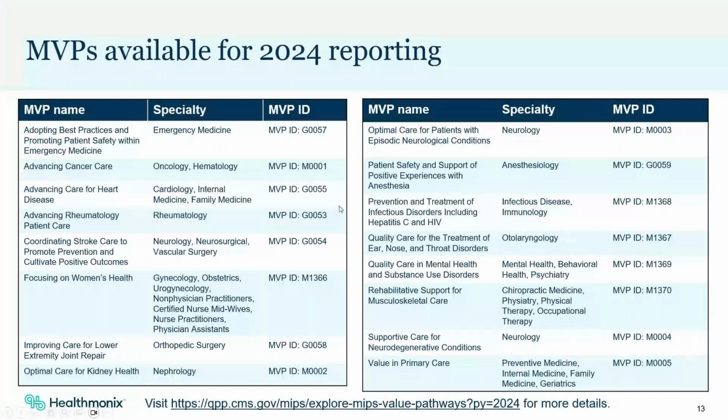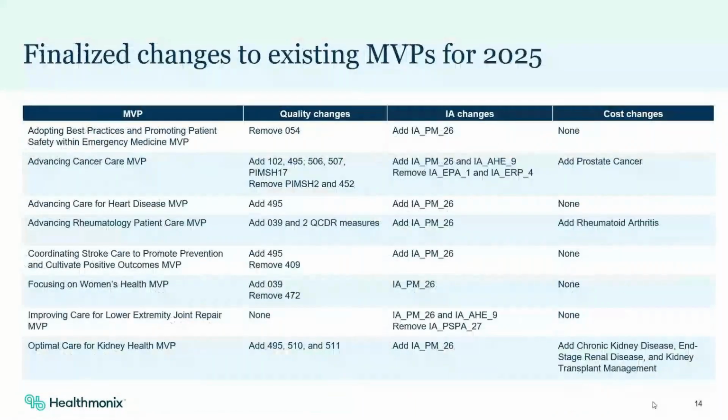Otherwise, they always say in the final rule to speak with your specialty societies to help build more measures and to help build cost qualifications. So there are some changes. Not going to dig deep into these changes.